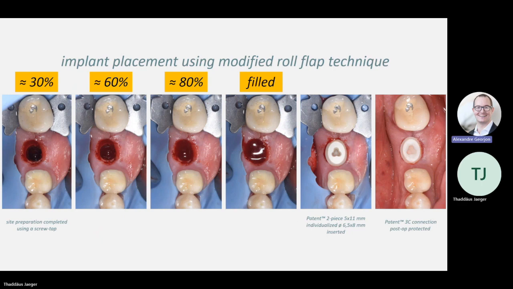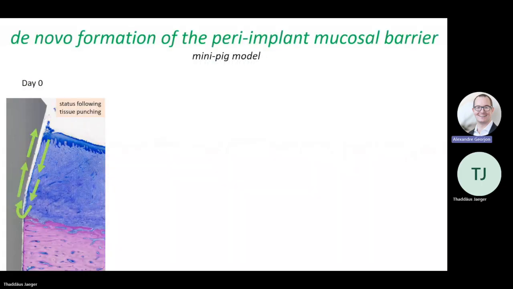So tissue vitality, bleeding is of utmost importance. So we use here the so-called screw tap, which is related to larger preparation. And most of you would think, oh, I lose initial anchorage or stability. We use that to activate the site. And then once it looks like this, we place the implant. This is the asymmetric platform now designed for this molar.